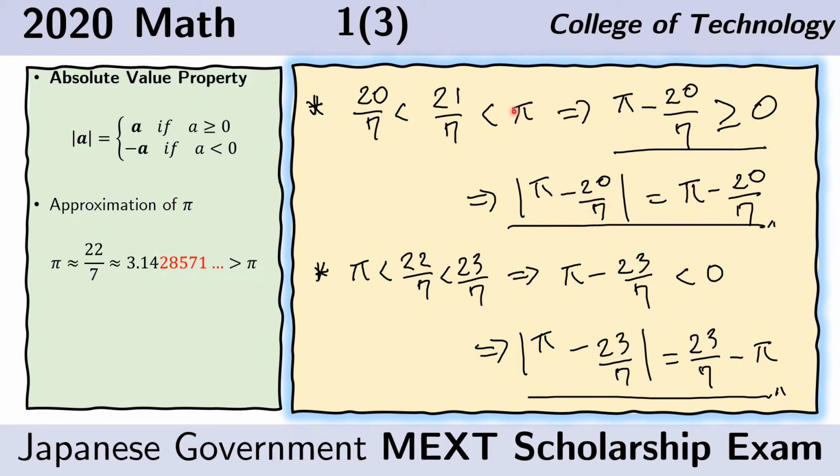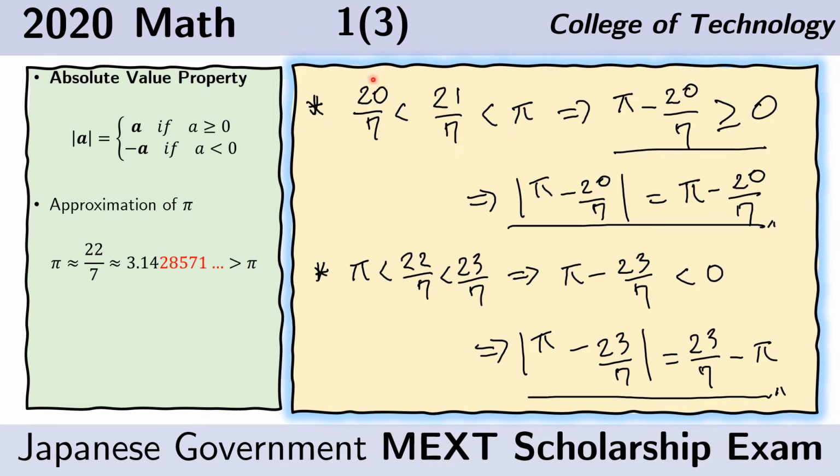First, we know that pi is 3.141592 plus something, and it's irrational, so it doesn't really repeat or end. But we know that that is greater than 3, and 21/7 is 3, so we know that pi is greater than 21/7. Furthermore, we know that 21 is greater than 20. Therefore, 20/7 is less than 21/7. And if we remove this middle term here, we can see that 20/7 is less than pi.